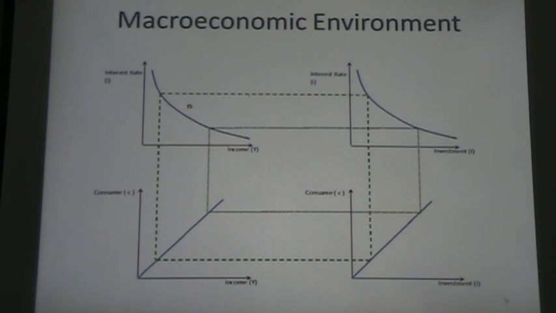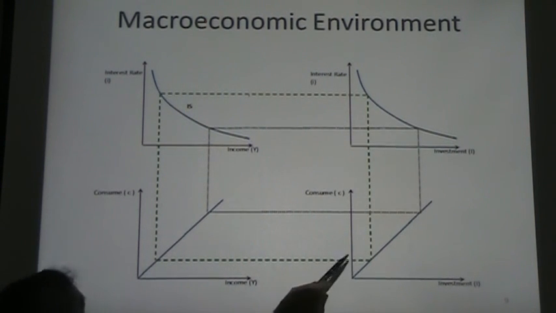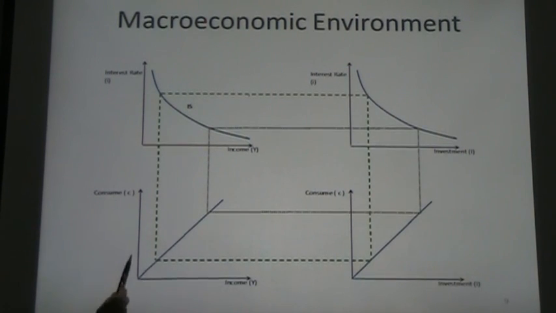The consequence of this is low investment. With low investment, you will have lower consumption. Why? Because if people don't have where to work, only a few people will work. The per capita income will be very low, and the income of people will be low too. This is the consequence, all related to this green line.